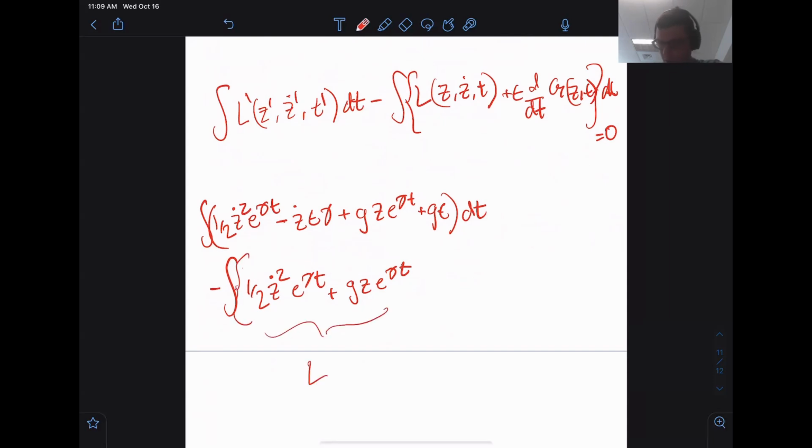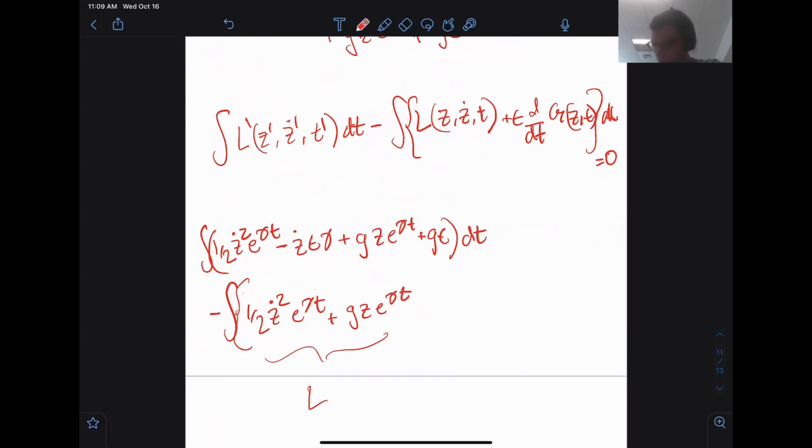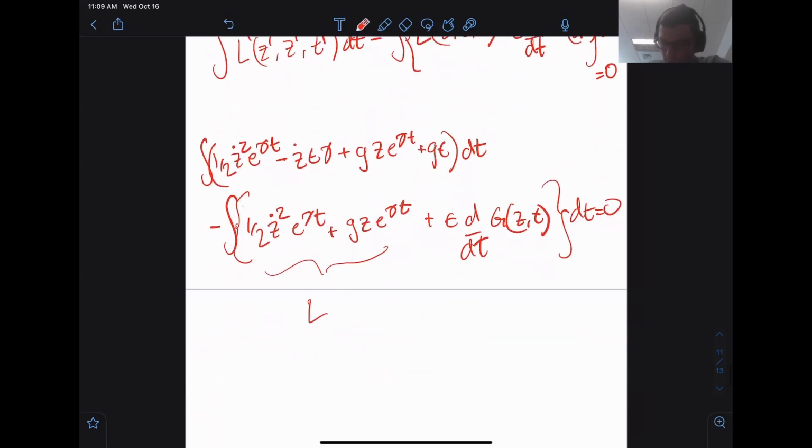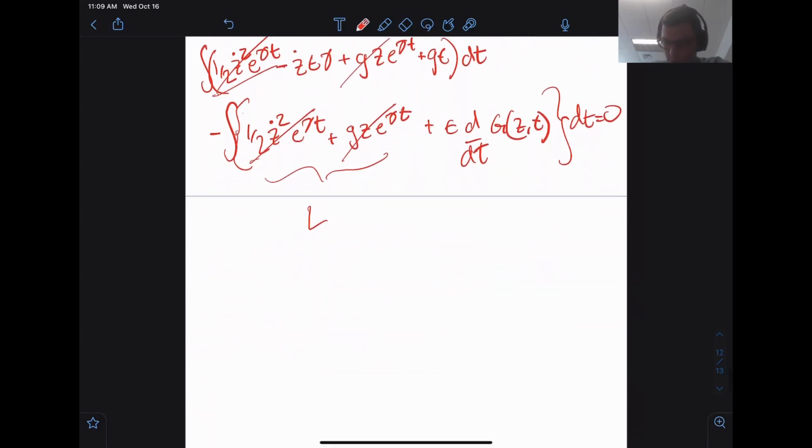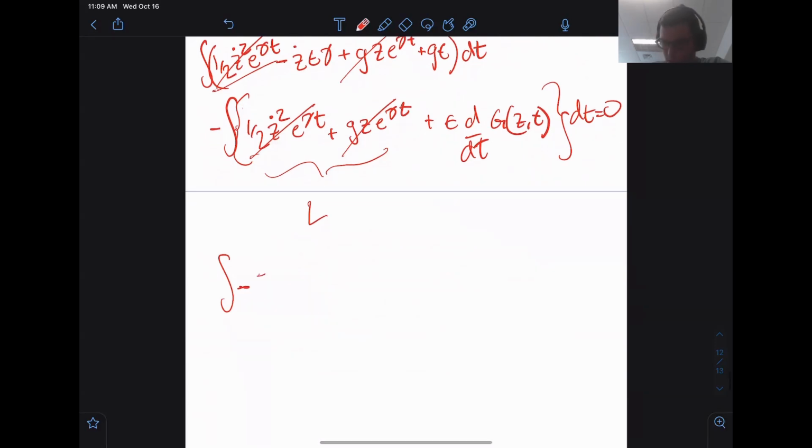That was the unprimed Lagrangian. And here's a G function. So that cancels with that. That cancels with that. You're left with negative z dot epsilon gamma plus G epsilon.